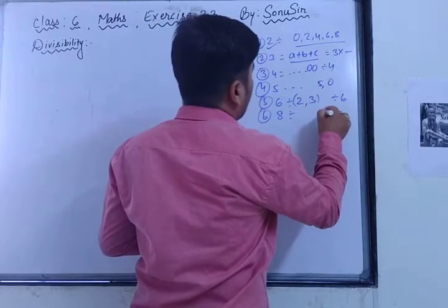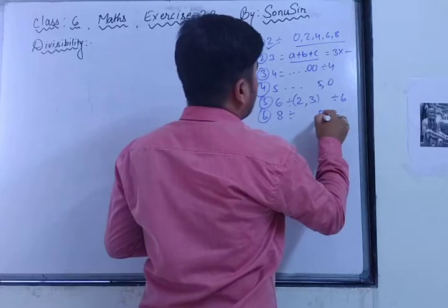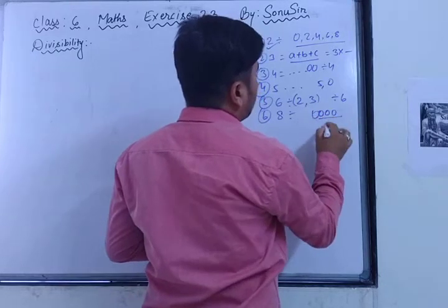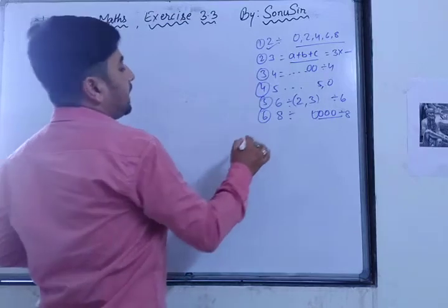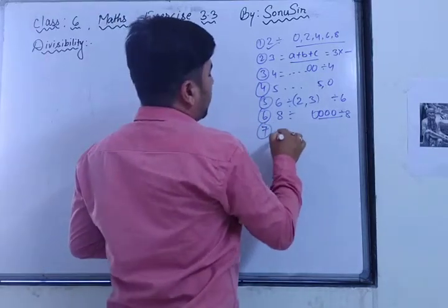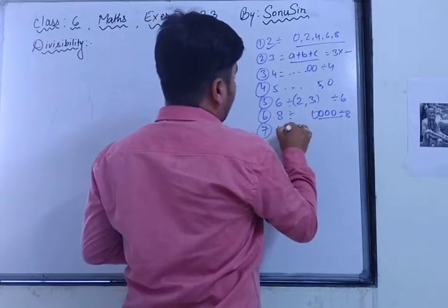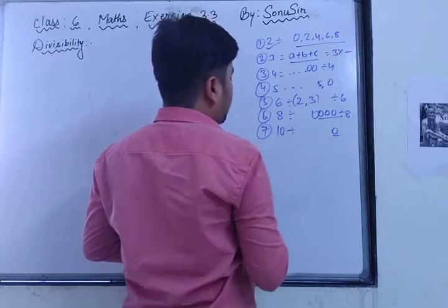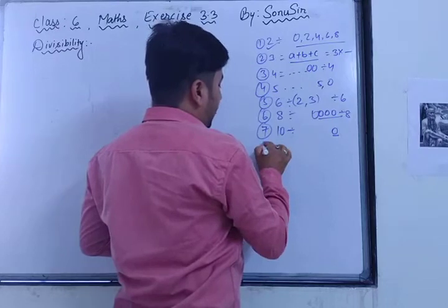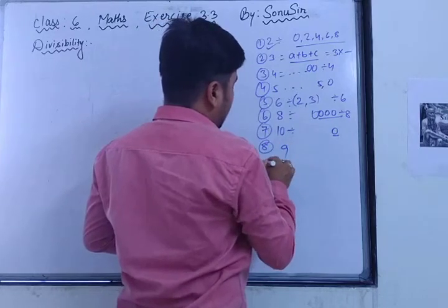For 10 also I informed you that the last digit must be 0, then that number is divisible by 10. Now the left ones are 9 and 11.